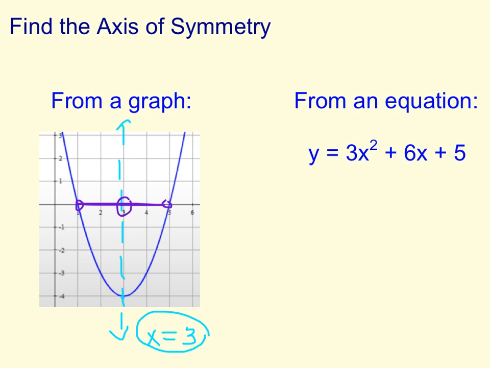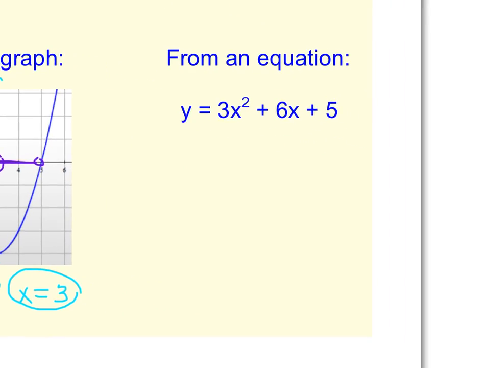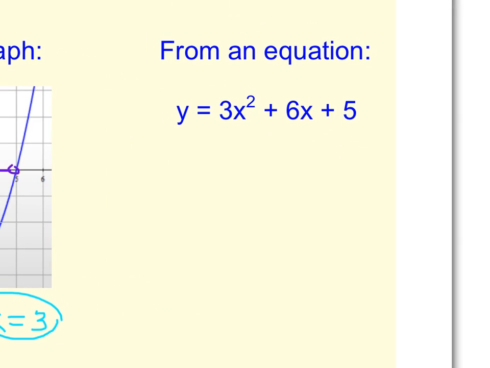All right, now from an equation, we know that we're going to do x equals -b over 2a. That's the formula that we use. Now if you remember, in standard form for quadratic functions, it's ax squared plus bx plus c. So we just have to use that a and b. a is equal to 3 and b is equal to 6.